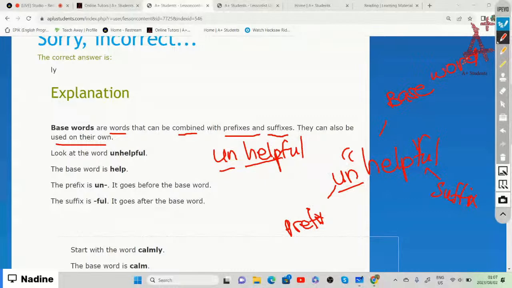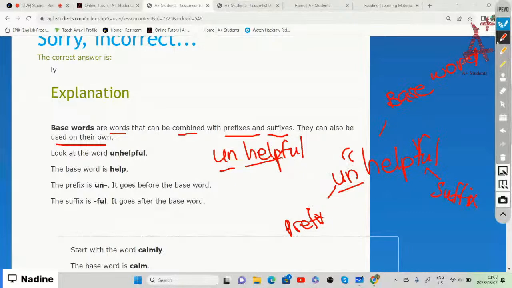So there we have unhelpful as an example. If we break down that word unhelpful, we firstly start with identifying the base word. Help is our base word, because help is a word that can stand on its own. If we want to combine it with a prefix, then we need to add letters or a word before the base word, and we call that a prefix.